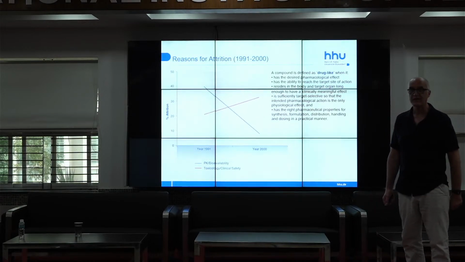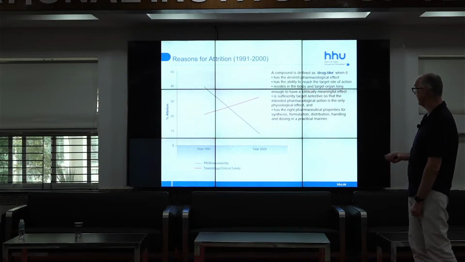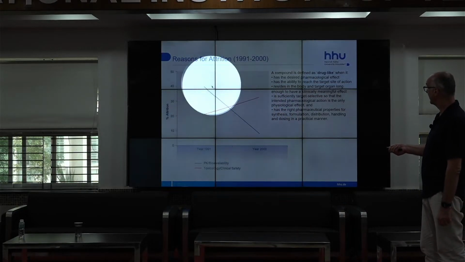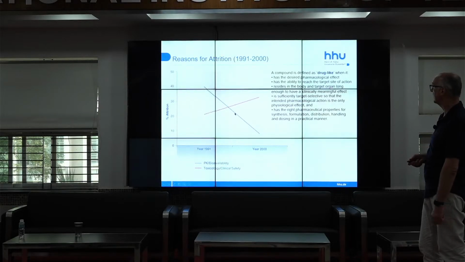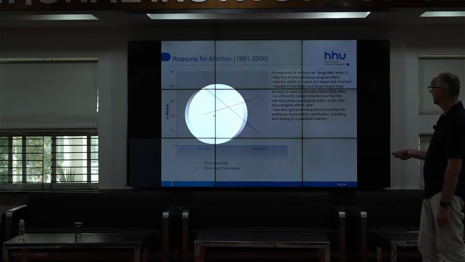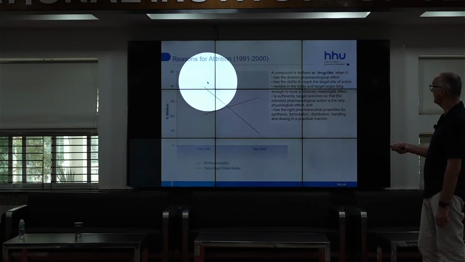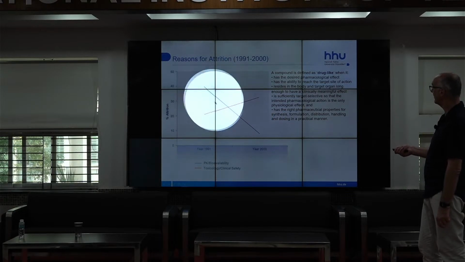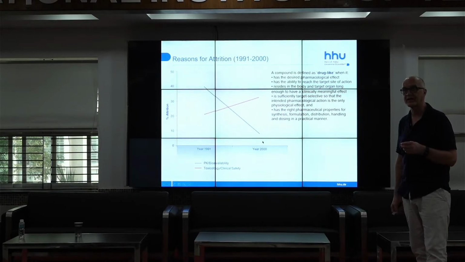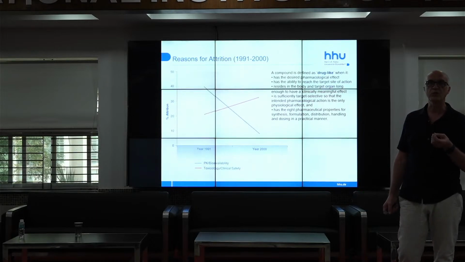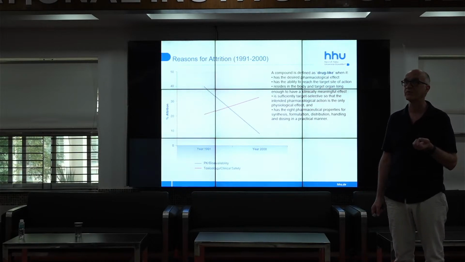The reason why these things are investigated: you see here the reasons why compounds got attrition. The main reason was pharmacokinetics, and this goes down in the year 2000 because pharmacokinetics was much more introduced in drug development than it had been before.